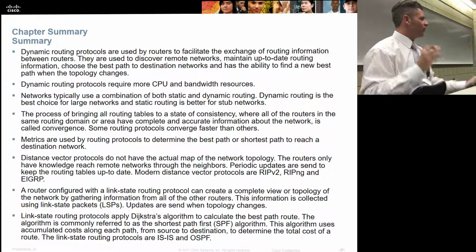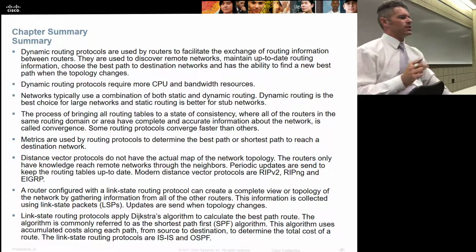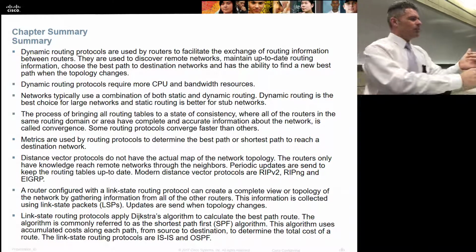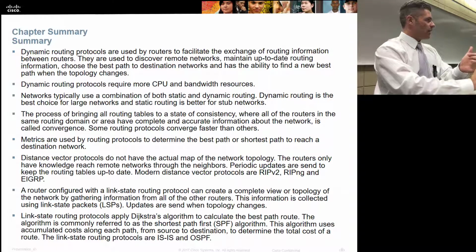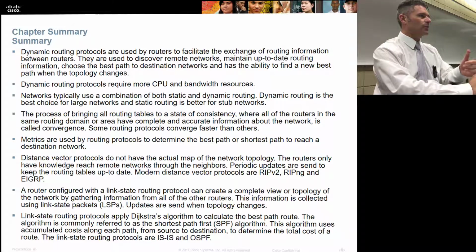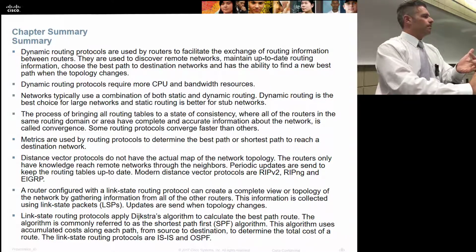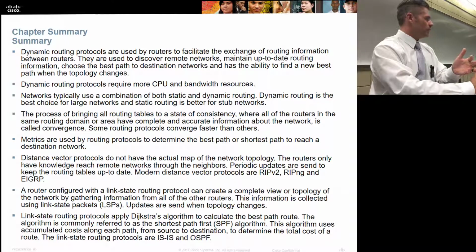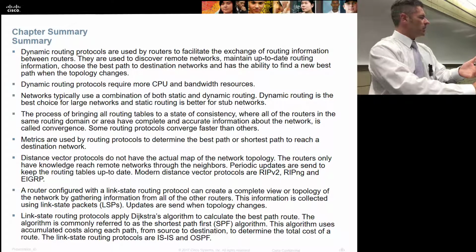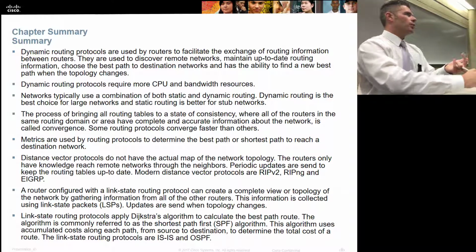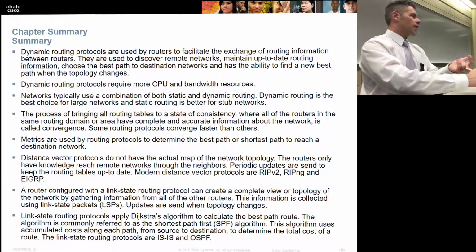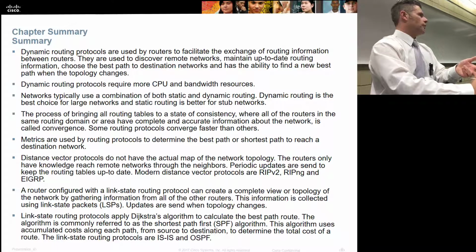So again, just to summarize briefly in a really well put together slide, dynamic routing protocols take us out of the equation for figuring out how to route packets around, which is important. They burn CPU and memory to do it, but that's why we pay them to be computers. Generally people will use a combination of the two protocols.